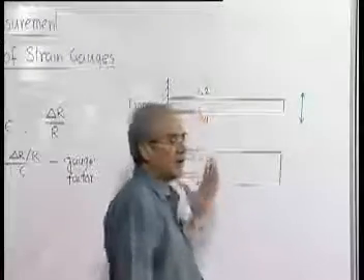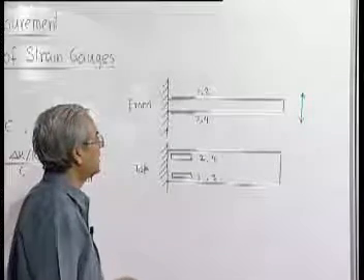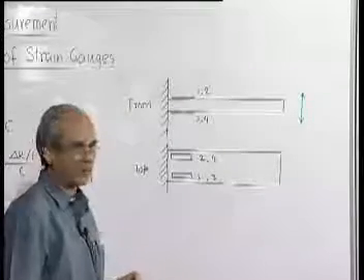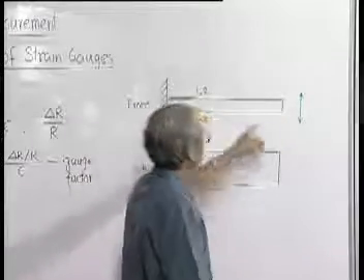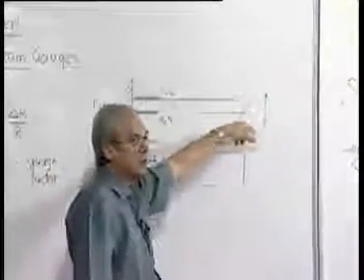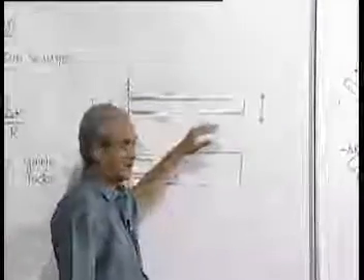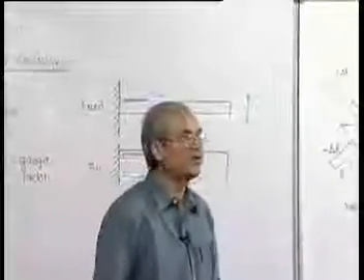Of course, we have to keep in mind that in all such instrumentation and measurements, it is essential to have proper calibration. That means we give some known deformation and find out the voltage, so that when we measure the voltage, we know how much deformation or strain has been created. This type of strain gauge use is very wide.